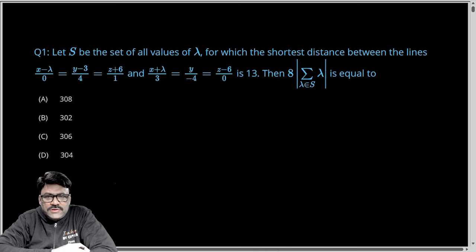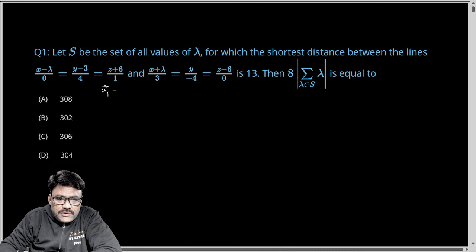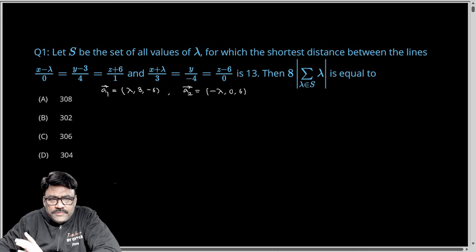So first, what they have given, shortest distance. If I choose a point on the first line, let me call this point A1. A point on the first line is lambda, 3, minus 6. Then a point on the second line, A2, is minus lambda, 0, 6.